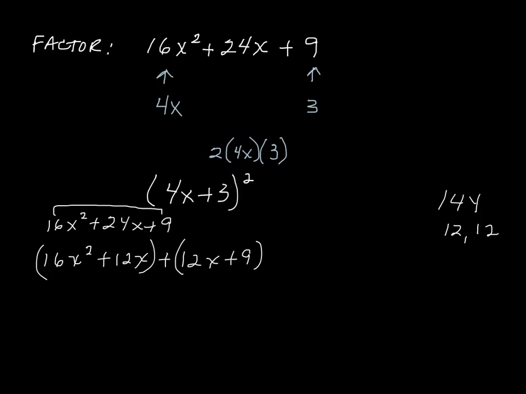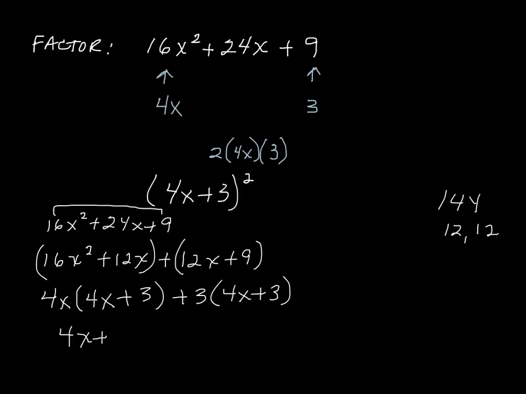Group them. Then factor out a 4x, and that will leave you 4x plus 3. And then on the other side, you'd factor out a 3, and it will leave you 4x plus 3. And when you write it all out, you have 4x plus 3 times 4x plus 3, which is 4x plus 3 quantity squared.